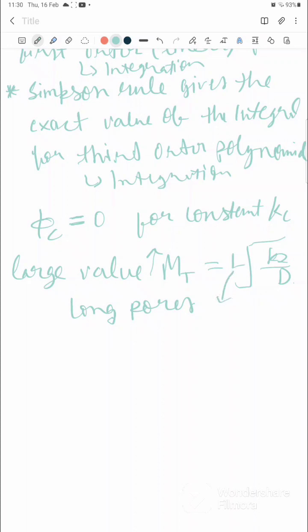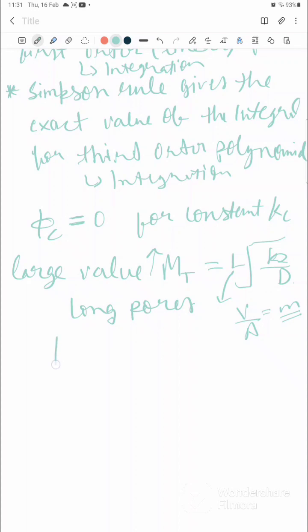L is a characteristic length, volume upon area, so it comes out to be in meters. So long pores show a high value of the Thiele modulus.